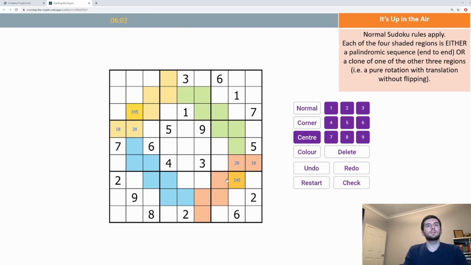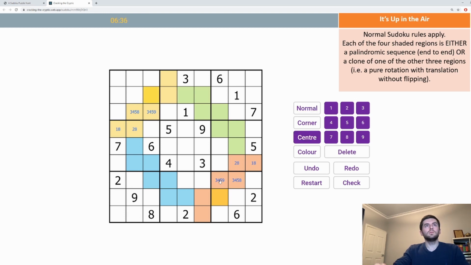Can't be a 6 or a 7 or a 9. Once again, can't be a 1 or a 2. Can be a 3 and a 4 and a 5. Can't be a 6 or 7 or 8. And I believe this one, in fact, can be a 9, if I'm not missing anything.